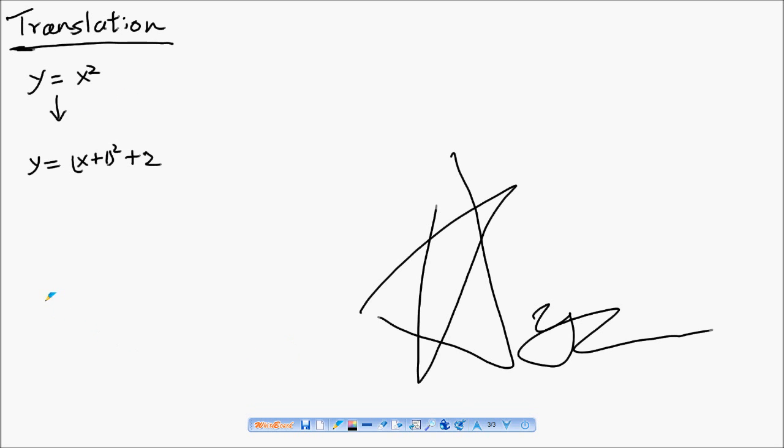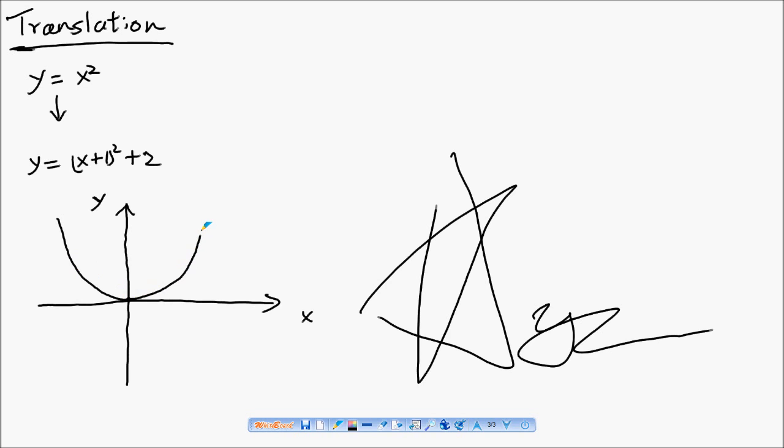Remember how we found the turning point of a parabola? That's basically the process of translation. The original graph, y equals x squared, has a turning point at the origin.